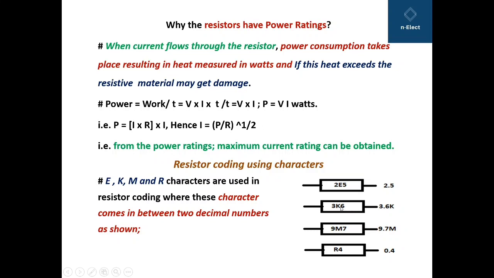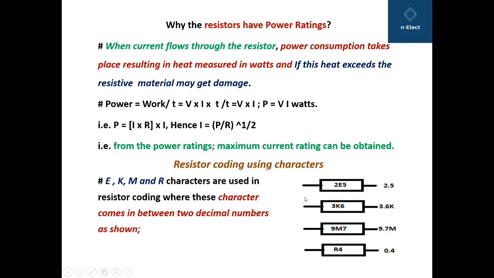It is 3K6, means it's 3.6 kilo ohms, means 3600 ohm. Then comes 9M7. M has got the value of mega ohm, that is 10 raised to power 6. But here as M comes in between, it is 9.7 mega ohms. And last is R. If somebody writes it like R4, it will be a 0.4 ohm resistor.